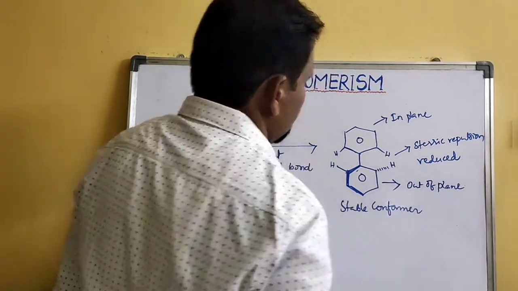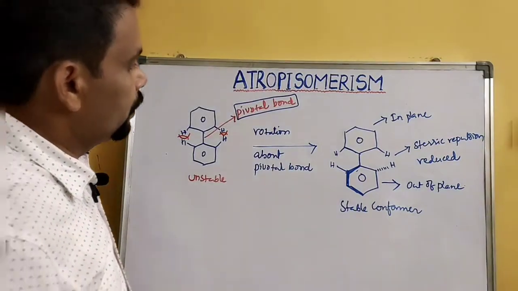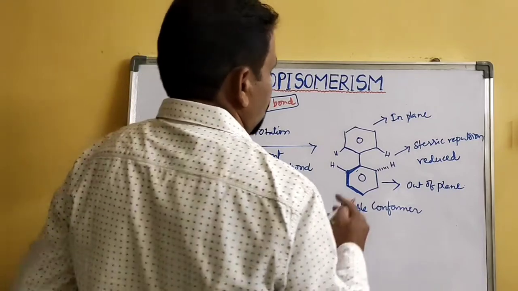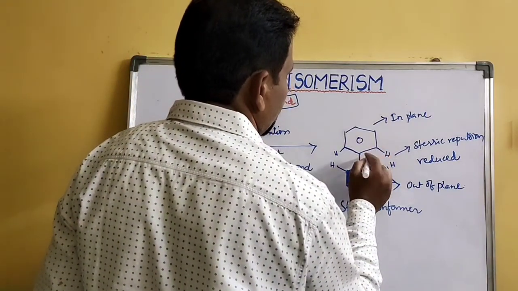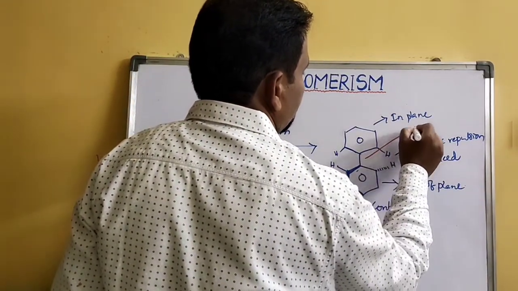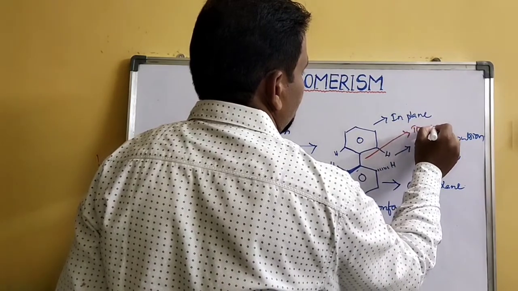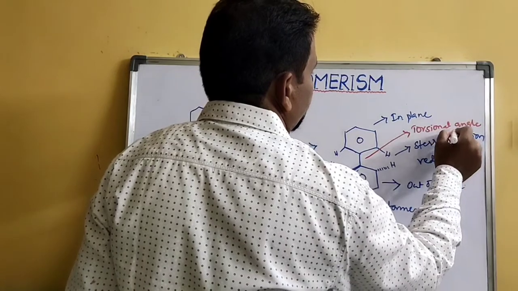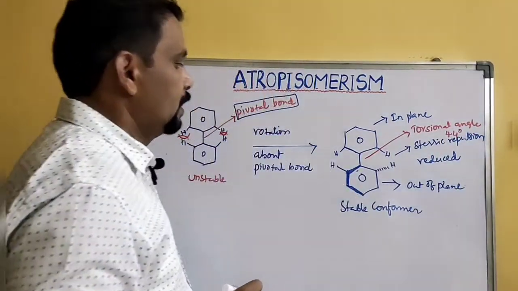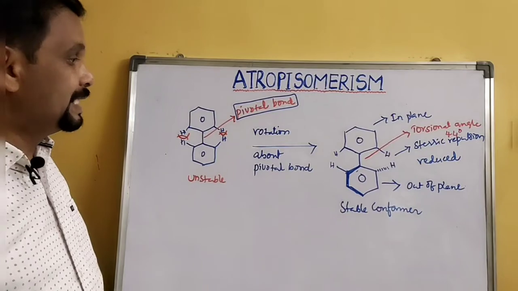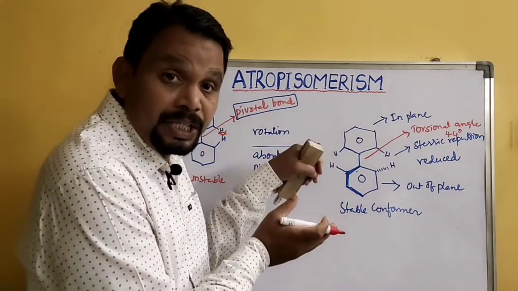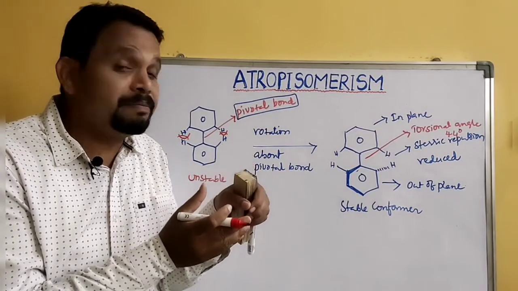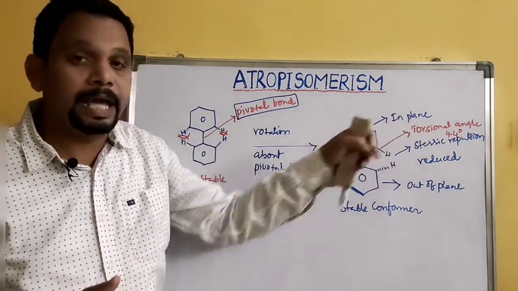Here the torsional angle is about 44 degrees. So what is the torsional angle? The angle between the two planes is known as the torsional angle.